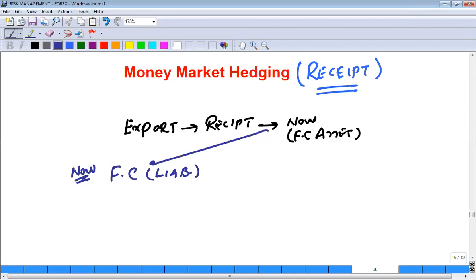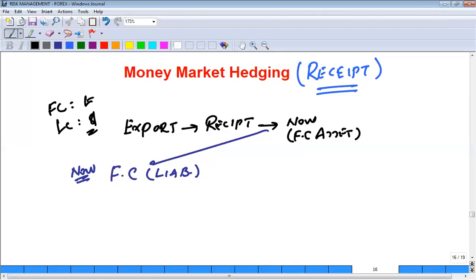Let's say the foreign currency is sterling and the local currency is US dollar, and the amount is 100,000 sterling.